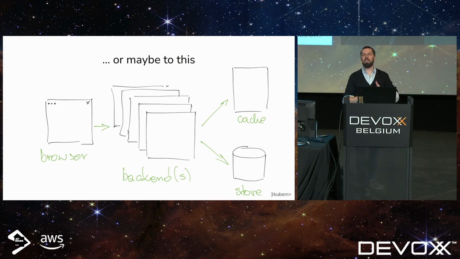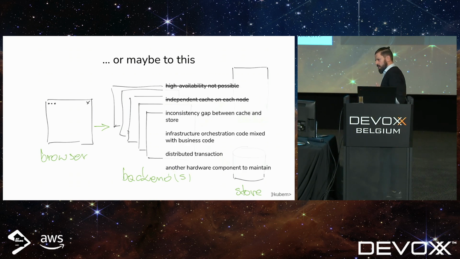But again, that doesn't come without problems. So we kind of mitigate the problem of high availability because we can scale out our services, and we don't have a different view on the data on each and every node.